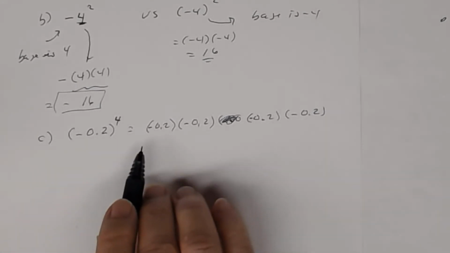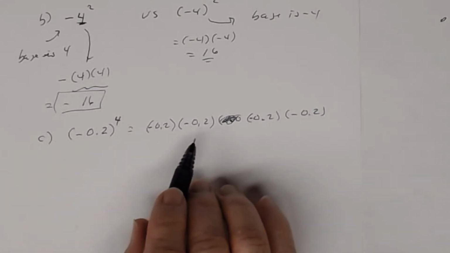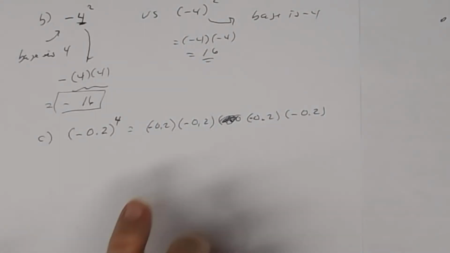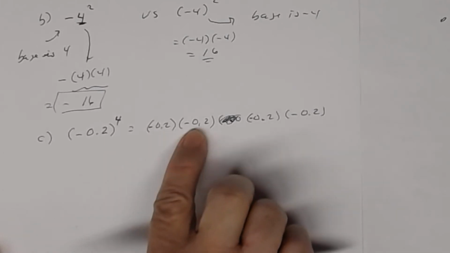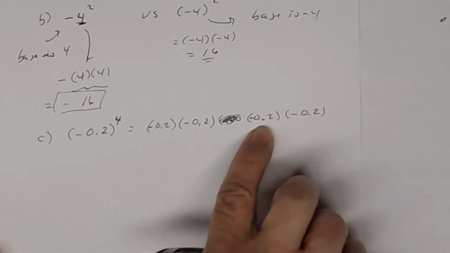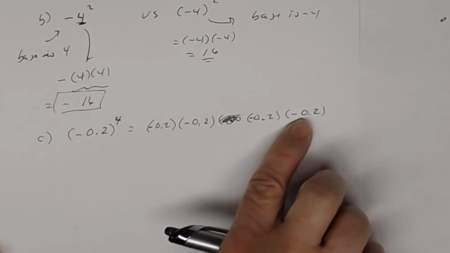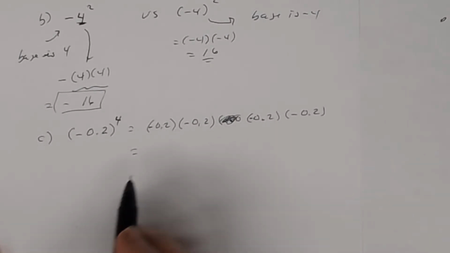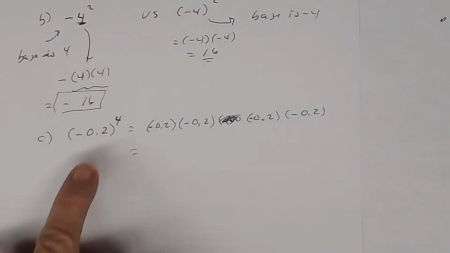So when I multiply this out, 0.2 times 0.2 times 0.2 times 0.2, first of all, let me say this. A negative times a negative is a positive, times a negative is a negative, and then a negative times a negative is a positive, right? Okay, so I know I'm going to get a positive answer here.